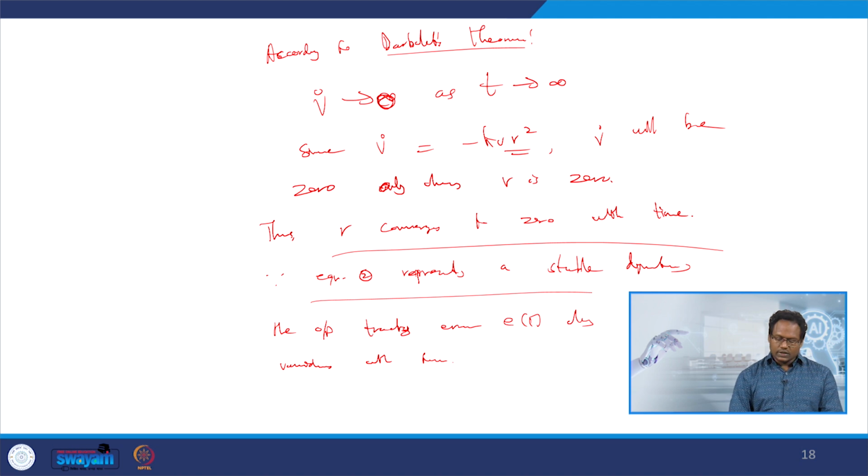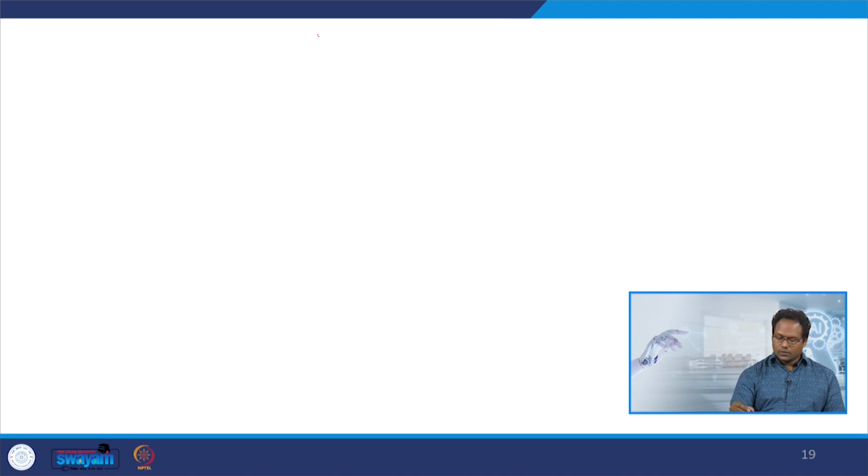Now, let us consider the last portion of this topic, which is nothing but the conclusion, that means epsilon which is not equal to 0, that means the RBFN approximation error not equal to 0. When this is the case, now what will happen?